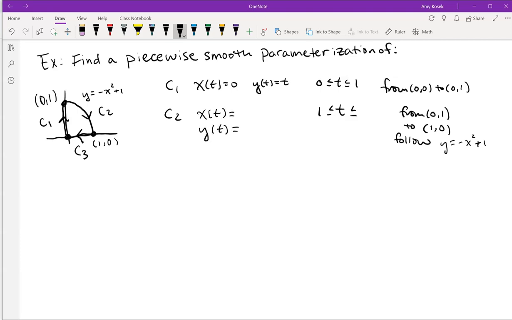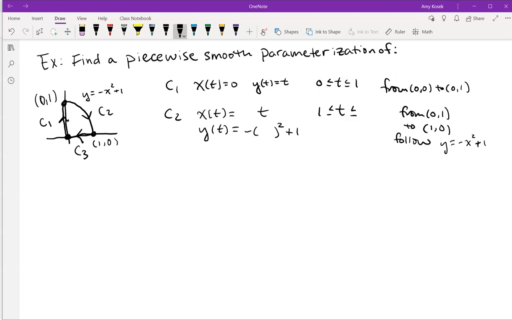Now, if you remember when we did parametric equations, one of the easiest ways to come up with a parametrization was, if we had an independent variable in rectangular coordinates, just let that be t, and then let the y function be the same function, where we replace the x with whatever we let x be.